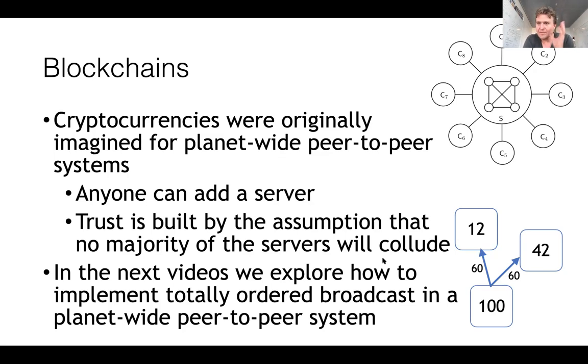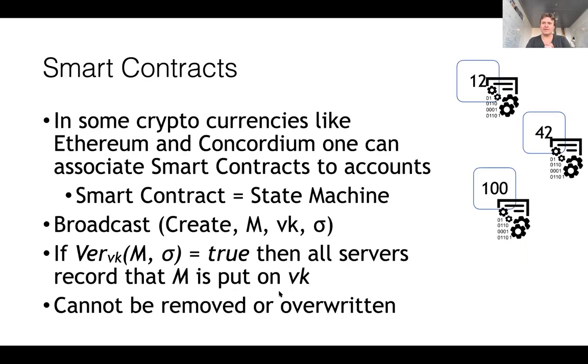As I said, the vision would be to create one where anyone could add a server, and therefore you will get so massive replication that no organization or country could attack the system and break it down, because they can't take over half of the system. But as I said, it can be made much cooler.